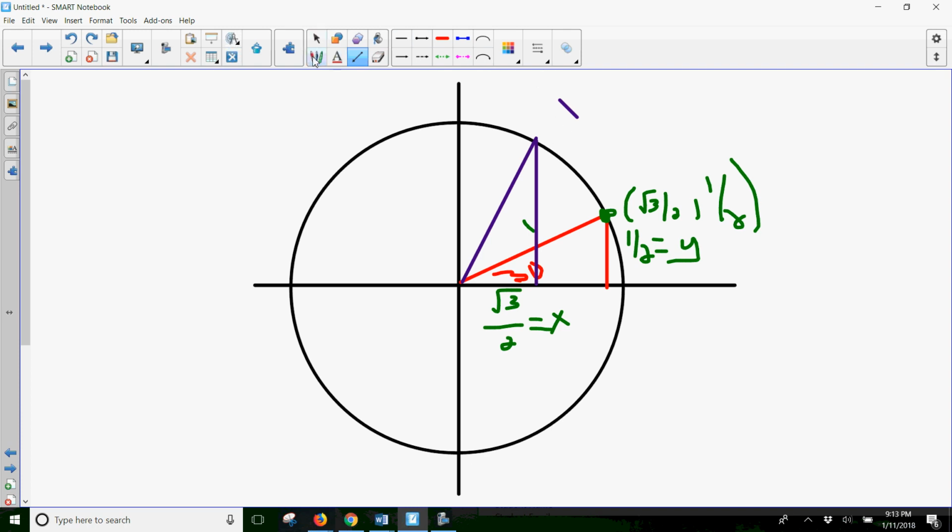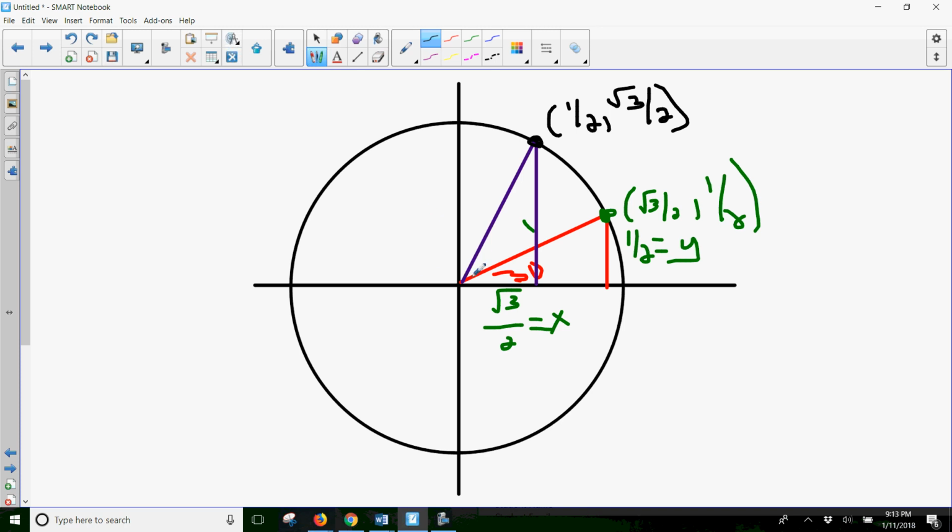So our XY now, let me erase this here. There we go. So now our XY for this point would be 1/2 comma √3 over 2.